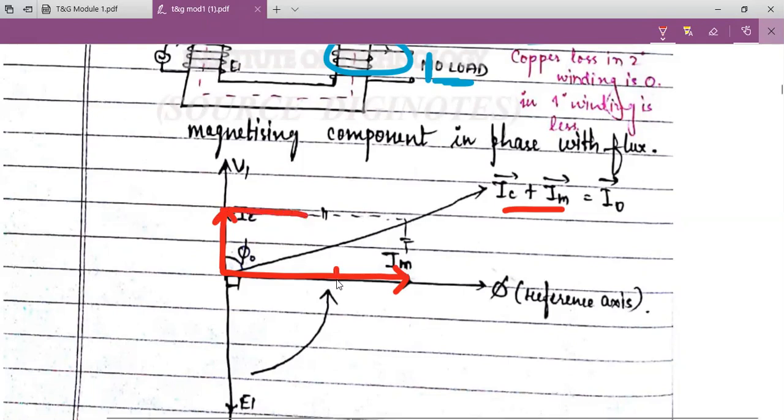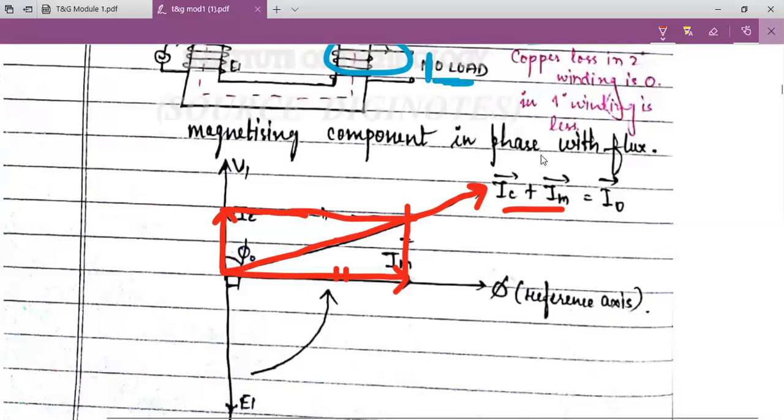IM is here, so draw a line parallel to IM from the tip of IC. Similarly, from the tip of IM, draw a line parallel to IC. They will intersect at one point. So this is nothing but your I naught, by adding these two. Clear now? Yes, sir.